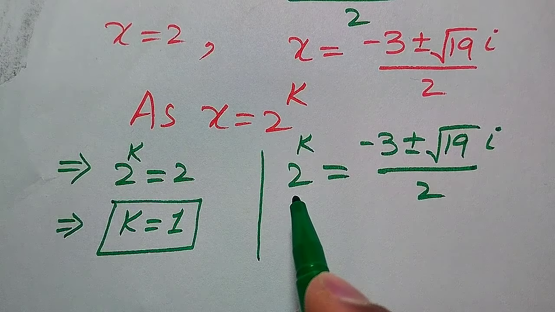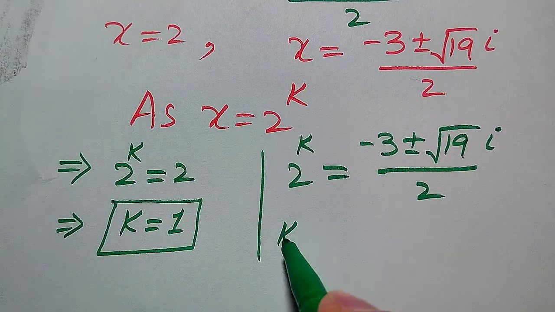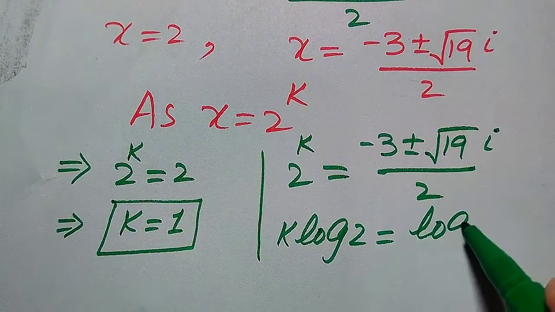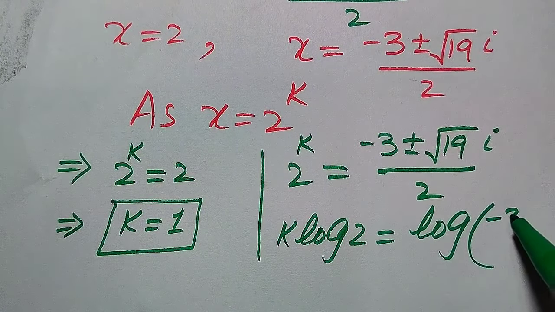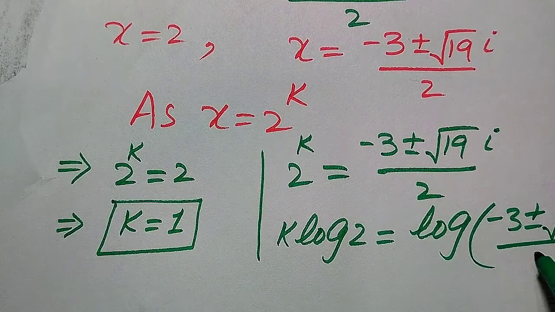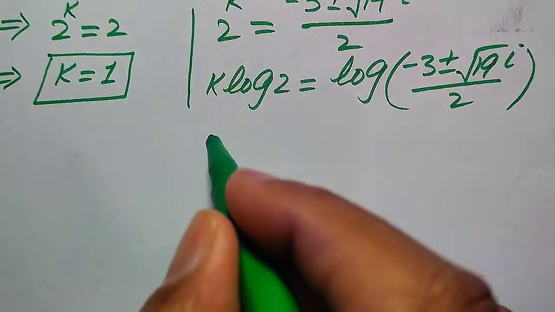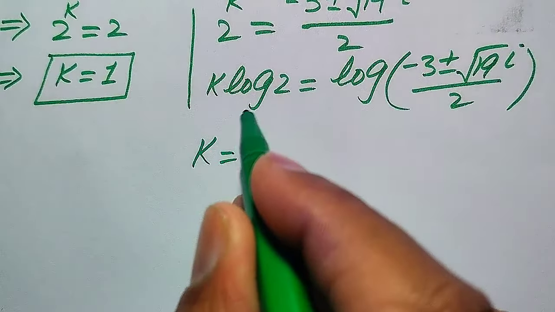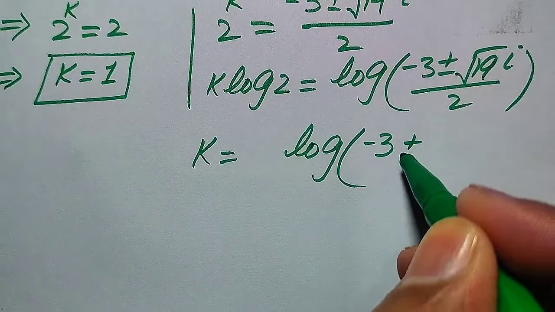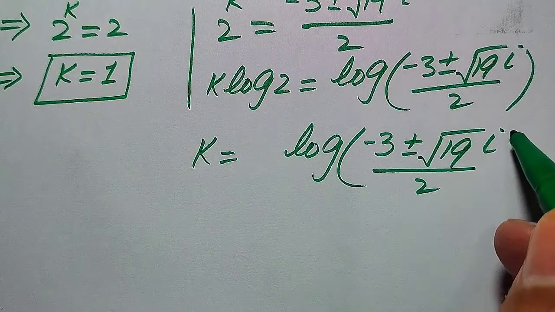Now, for the other roots, we take log on both sides. It will be written as k times log 2 equals log of minus 3 plus minus square root of 19 into iota, divided by 2.